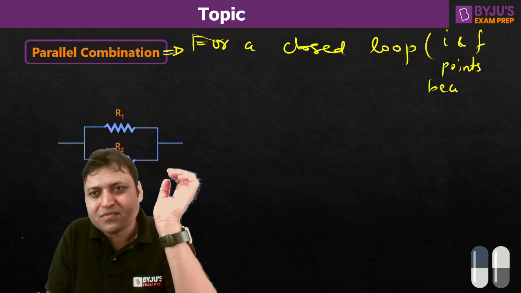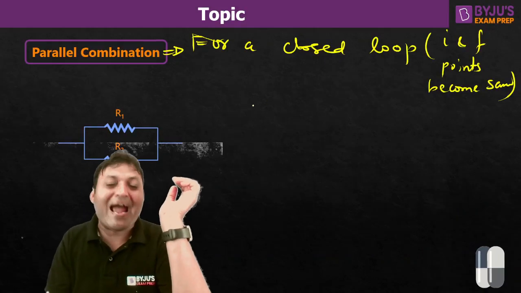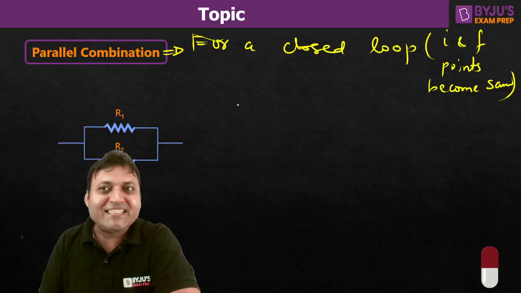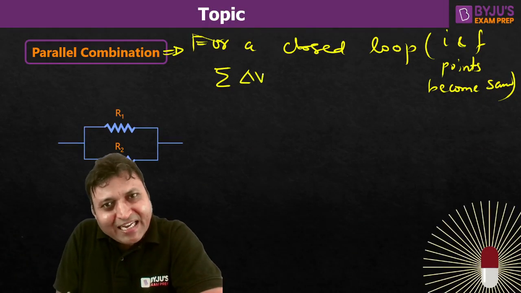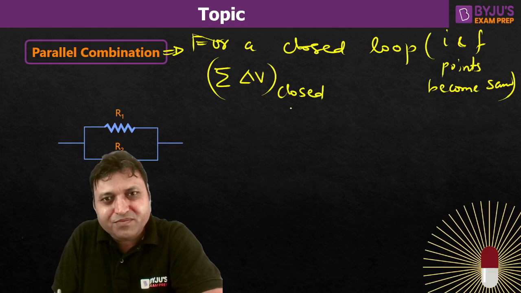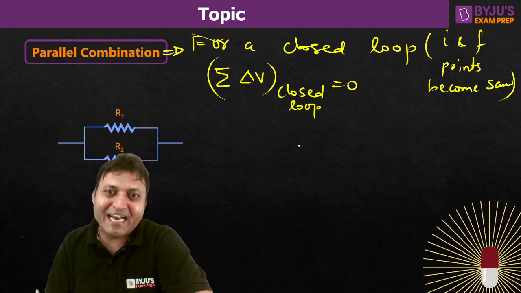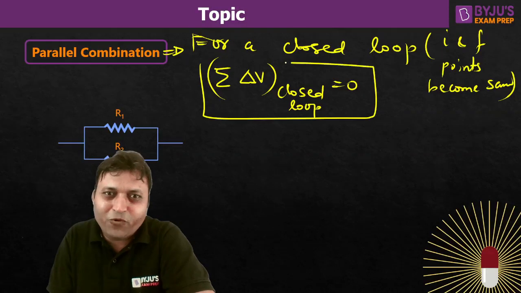When the initial and final points become same, and energy and potential is a point function, so we can say sigma delta V for a closed loop must be equal to 0. Isn't it? Because the initial and final points are same, the energy will become same, the change in energy will become 0 for a closed loop.